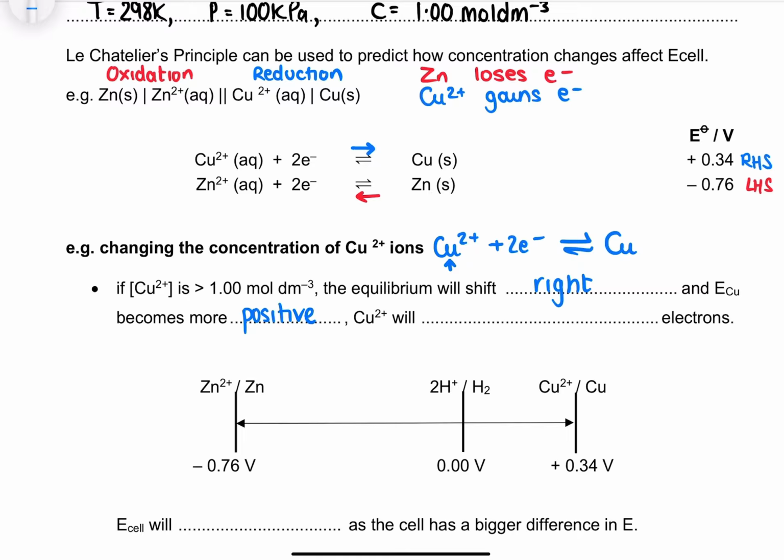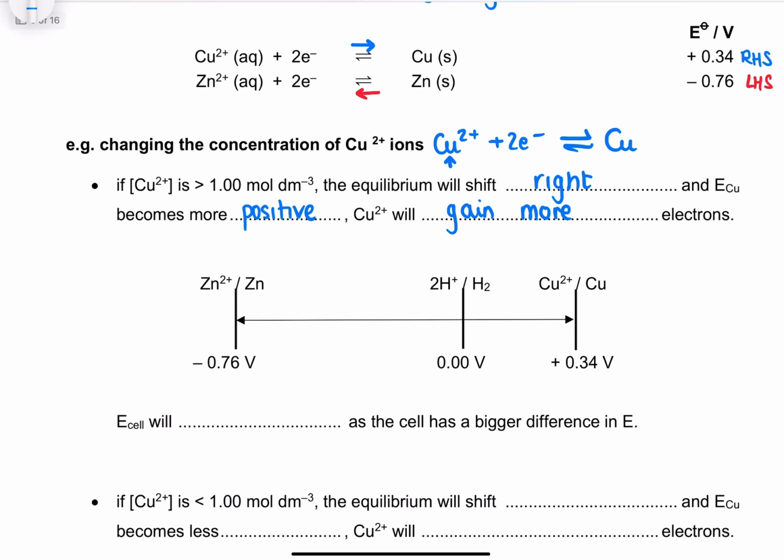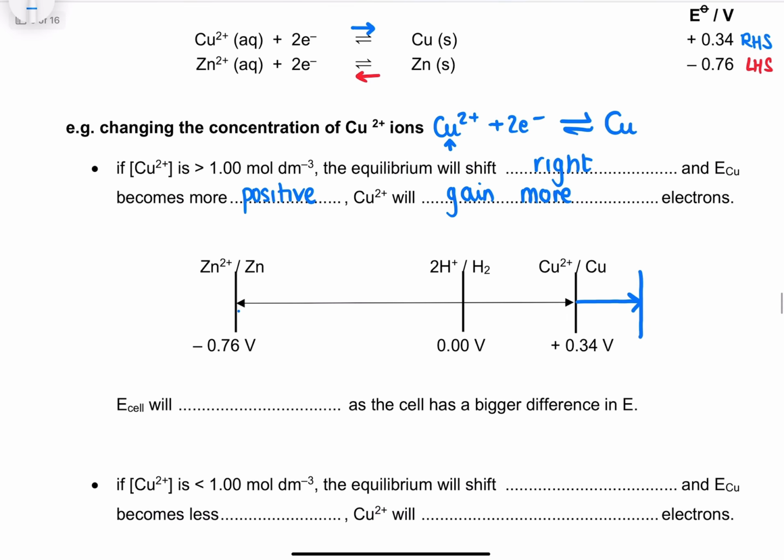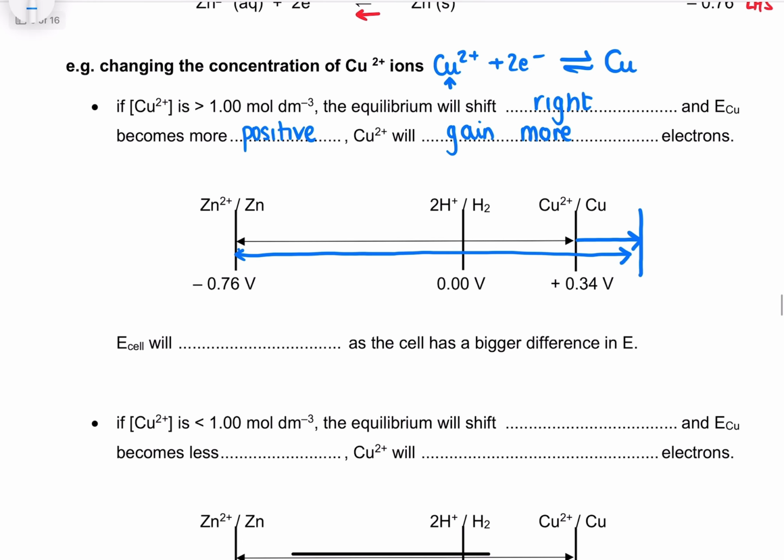Remember, this value is a measure of how much of this reduction occurs. It's gaining electrons, it will gain more electrons. If it shifts to the right and becomes more positive, then the difference between it and the zinc cell is even bigger than it was before. And so our cell potential will increase.